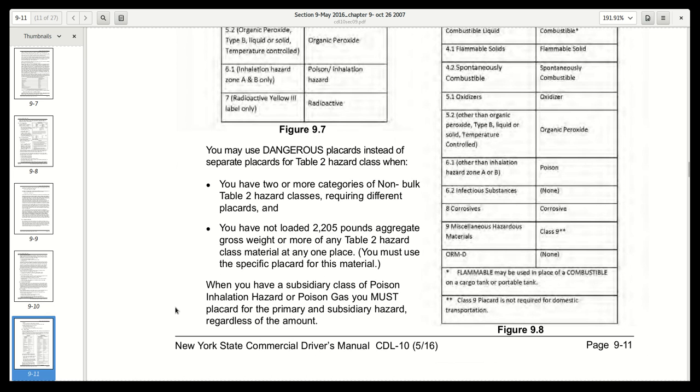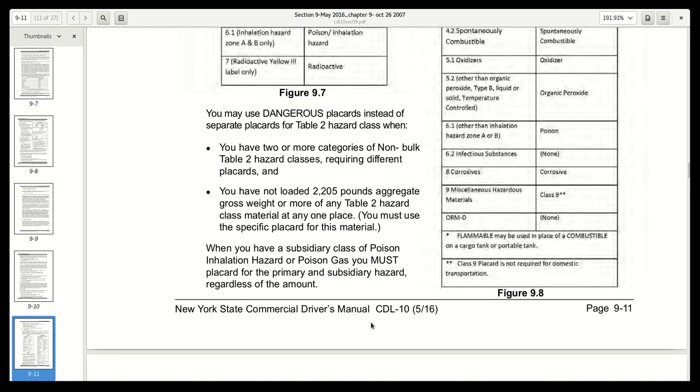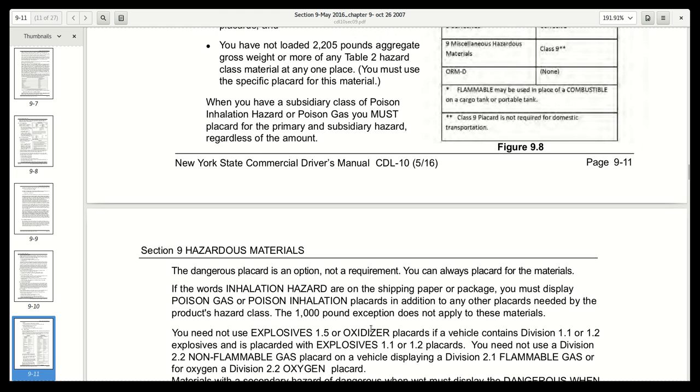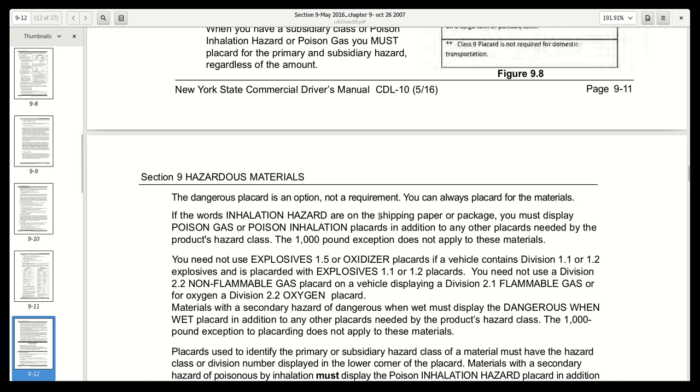When you have a subsidiary class of poison, inhalation hazard, or poison gas, you must placard for the primary and subsidiary hazard, regardless of the amount. The dangerous placard is an option, not a requirement.